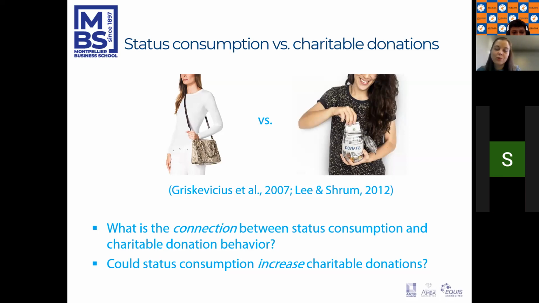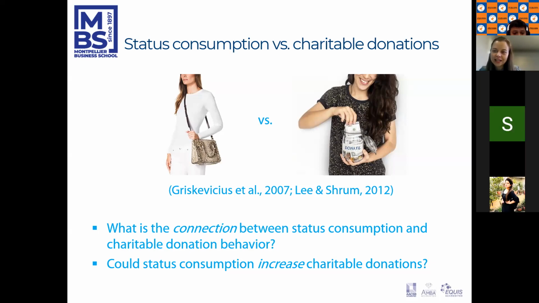So in other words, whether a behavior that is seen as self-centered could lead to another behavior that is other-centered, right? Once I engage in status consumption, how will that affect whether and how much I will donate to a charitable cause? That was basically the research question that we tried to answer.